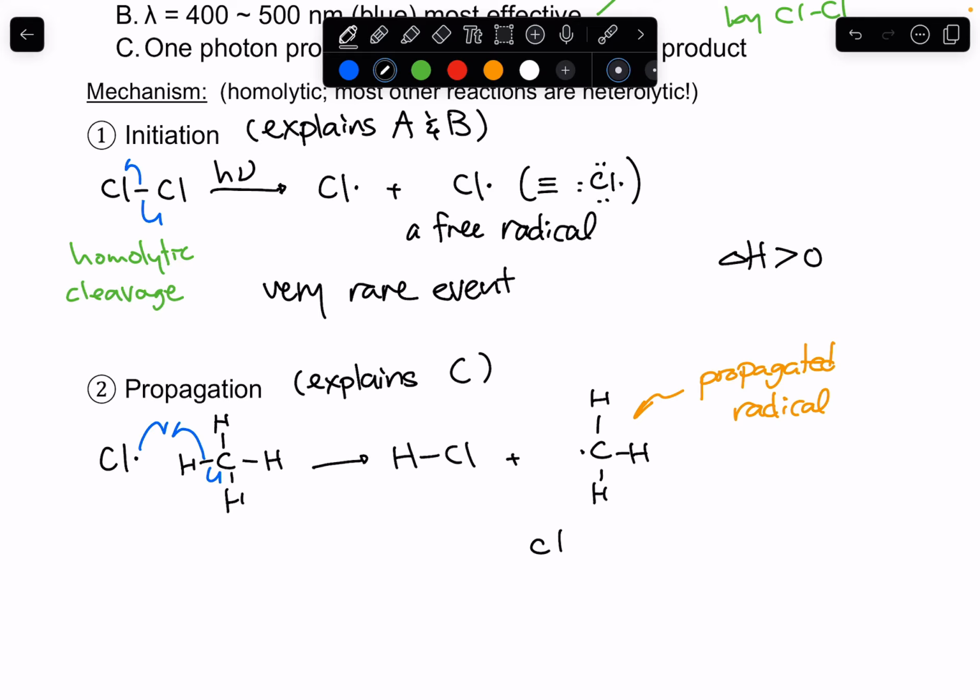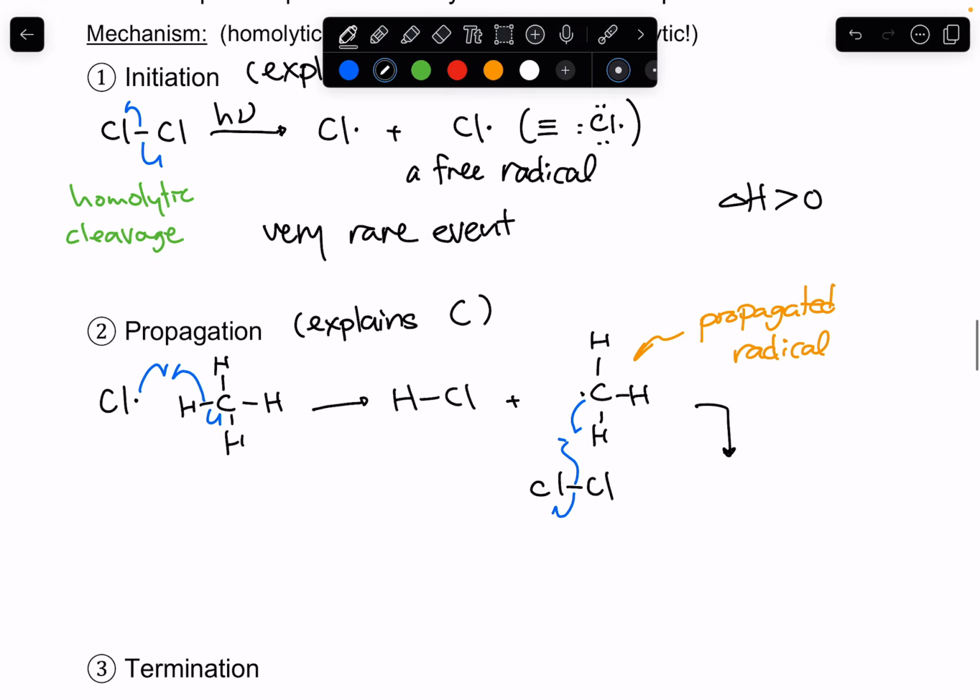Well, that would be the chlorine molecule that's not radicalized. There's a bunch of those. So this could react with that radical. And that would leave behind a chlorine radical, right?